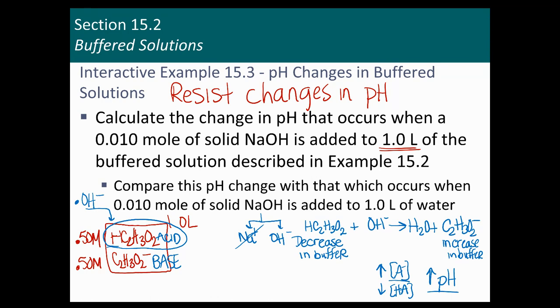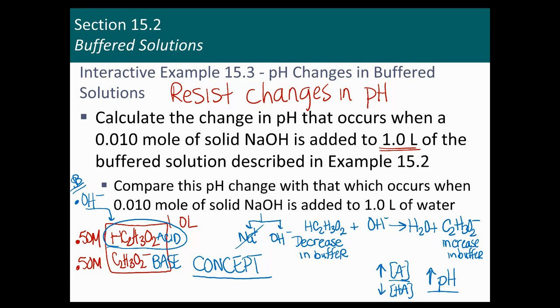And I can't tell you enough that you need the concept. So once again, real quick, your buffer has both weak acid and conjugate base. If you add a strong base, hydroxide, the weak acid is going to neutralize it.